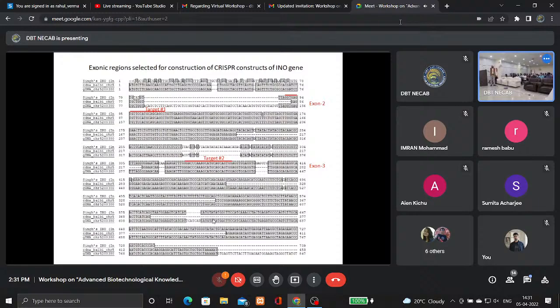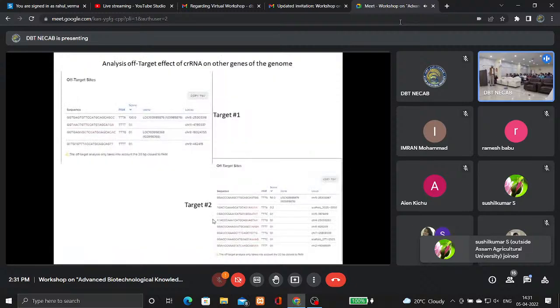So we have taken the sequence up to here, and if you see GGG, this is another PAM sequence. This is exonic region 2, and this is exonic region 3. So two target sequences we have selected for synthesis of guide RNA. This is target 1 and 2.